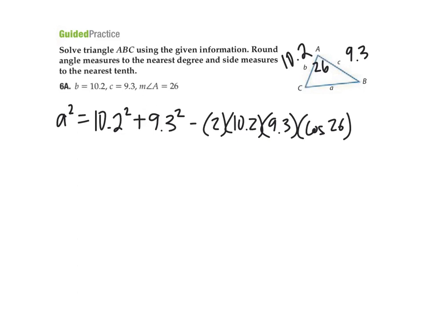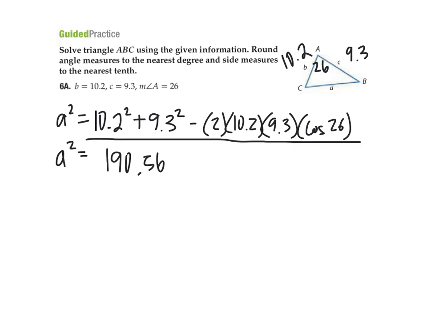All right, so now we continue to solve this. A squared equals, and basically all of this I can put in my calculator. I'm going to put it in step by step though. So 10.2 squared plus 9.3 squared, that's going to equal 190.53.